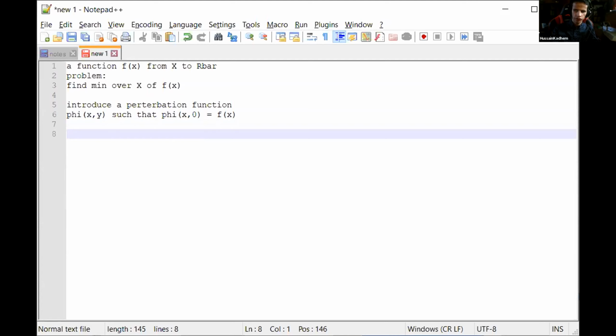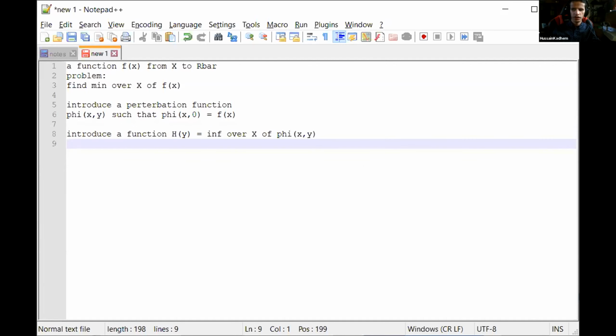And so there is a theorem. We introduce another function, h of y, which is just equal to the inf over x of phi of x, y. So basically h of y is you fix y and then you take the minimum over all of x of phi of x, y.